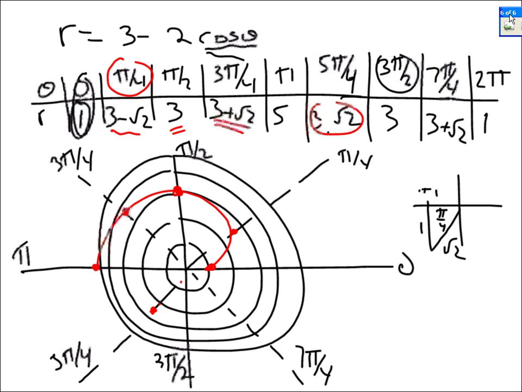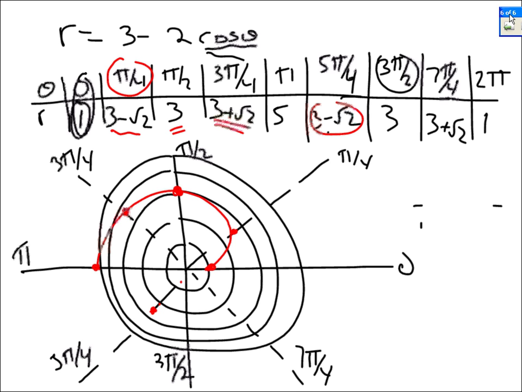Excuse me. This is negative, and so is this. Okay. Yes, so that's correct. And then at 3 pi over 2, it should be 5 again. I think that's the typo.